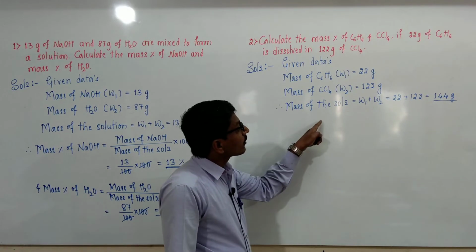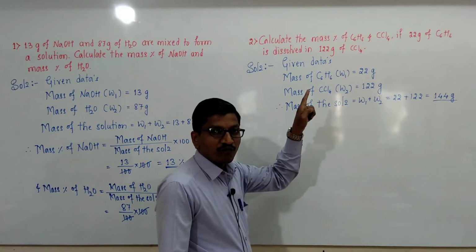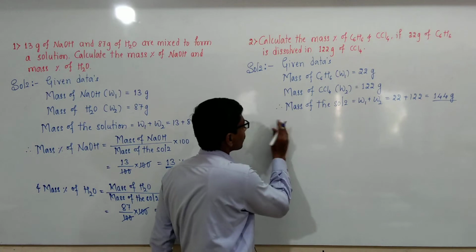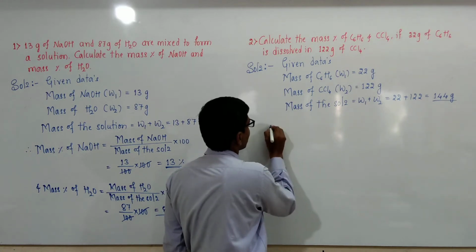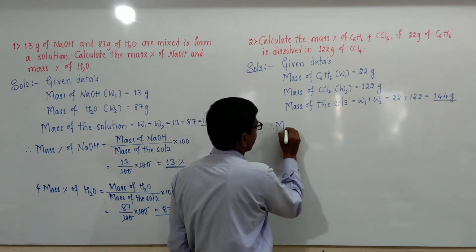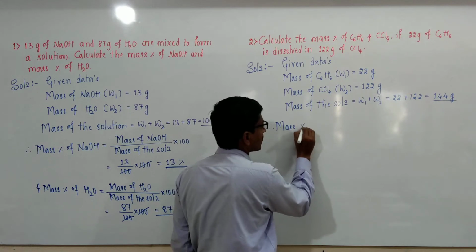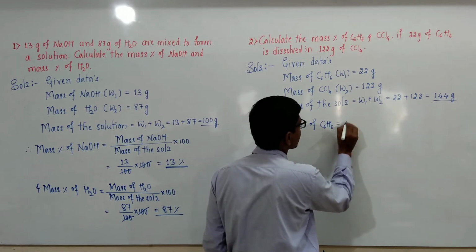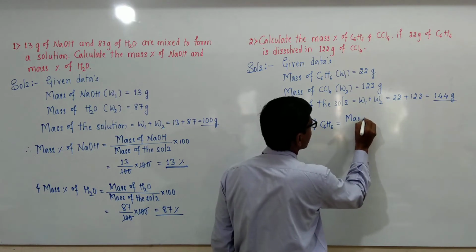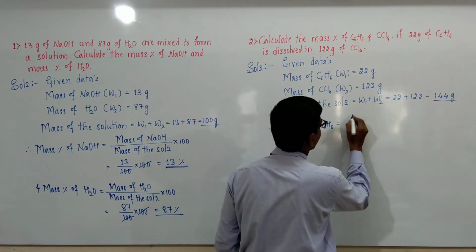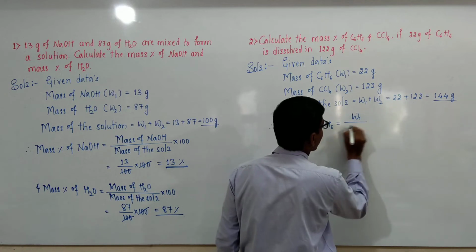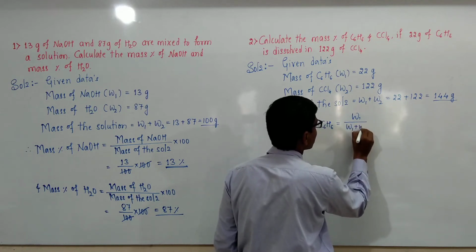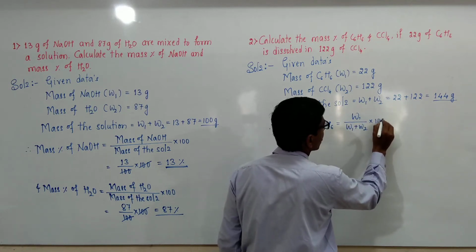Then we can calculate mass percentage of benzene and mass percentage of carbon tetrachloride. Mass percentage of C6H6 is equal to W1 divided by W1 plus W2 into 100.